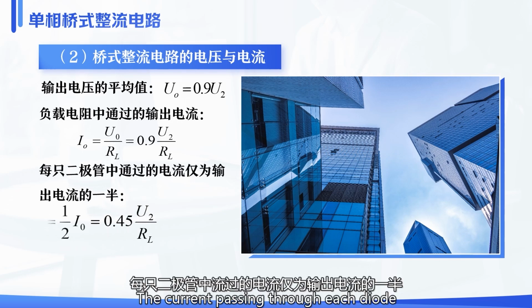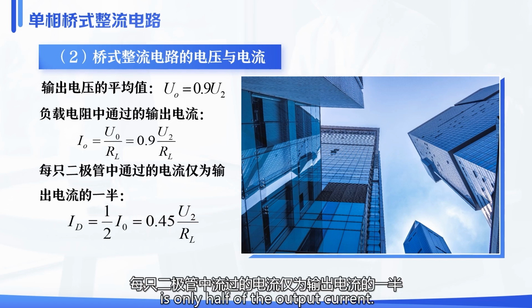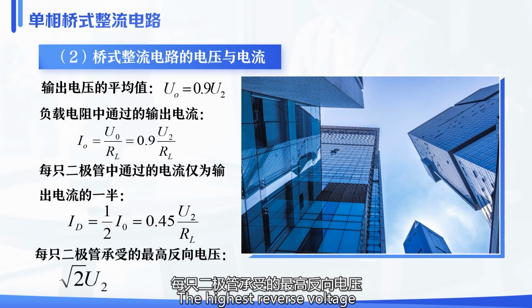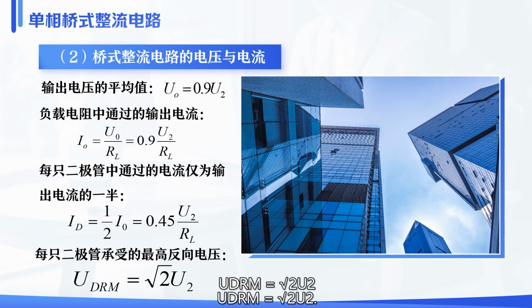The current passing through each diode is only half of the output current, ID equals 0.45 U2 per RL. The highest reverse voltage each diode can withstand, UDRM, equals square root of 2 U2.